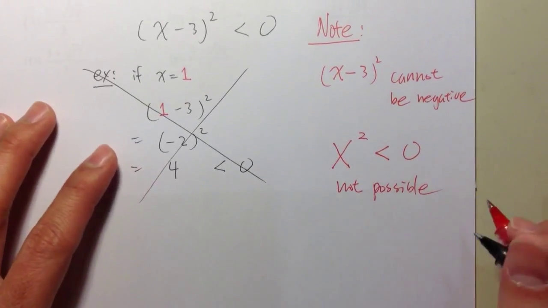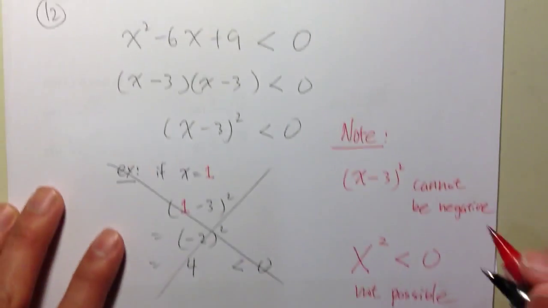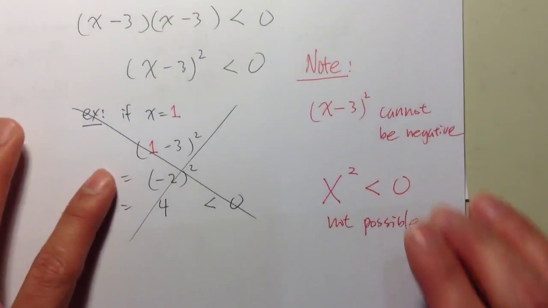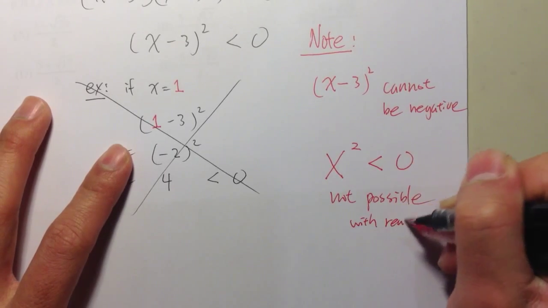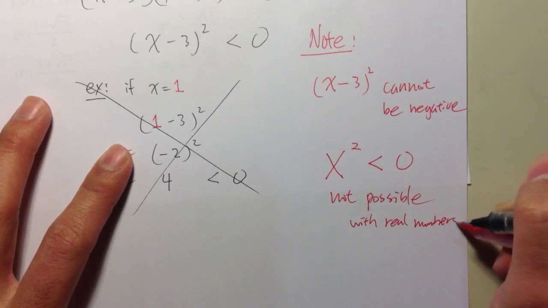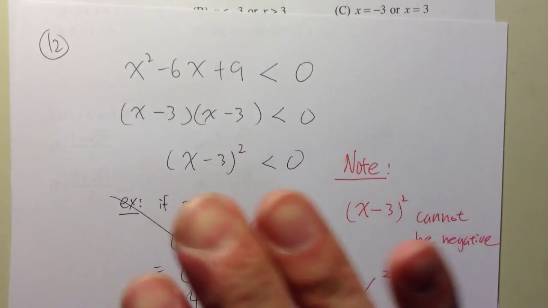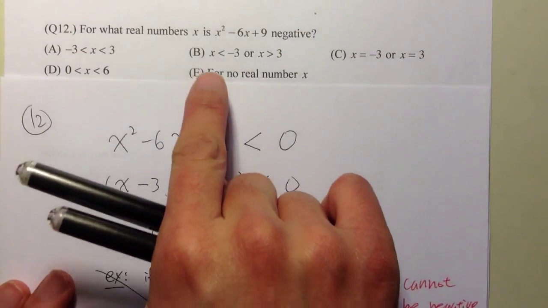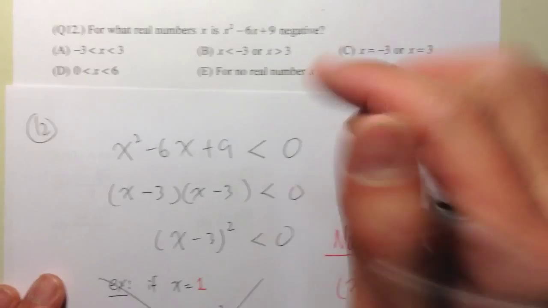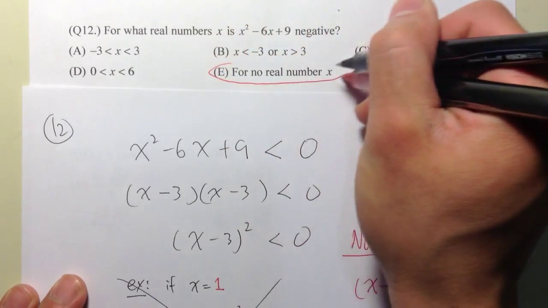We're not talking about imaginary numbers. We are looking for real numbers, so this is not possible with real numbers. So regardless of what you put in for x, this will never work. The answer will be: no real value for x. So for no real number x.